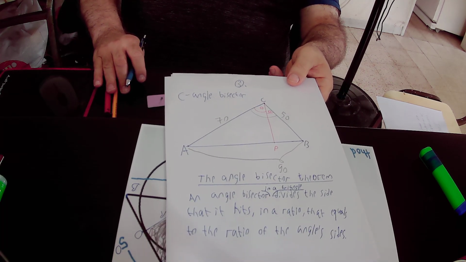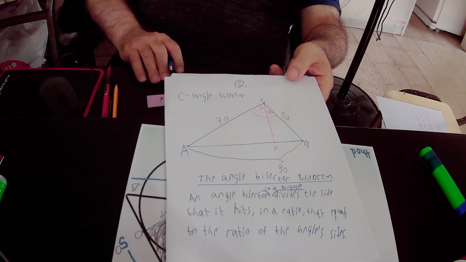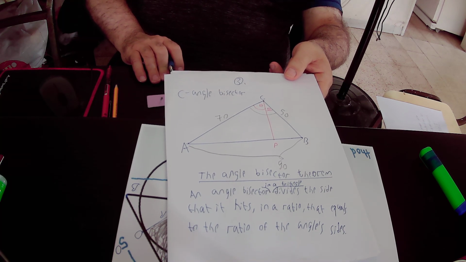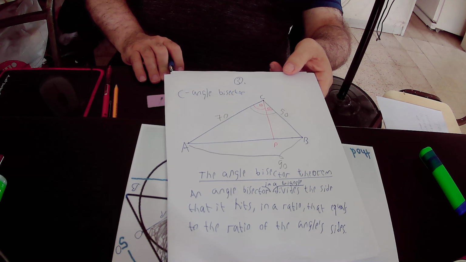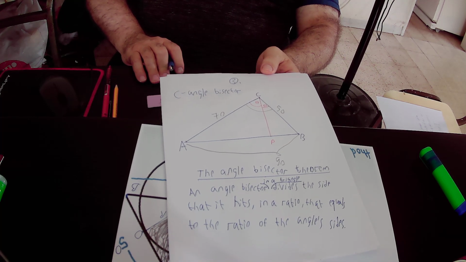The angle bisector theorem states that an angle bisector in a triangle divides the side that it hits in a ratio that equals to the ratio of the angle's sides. Now I will explain in detail the meaning of the theorem.